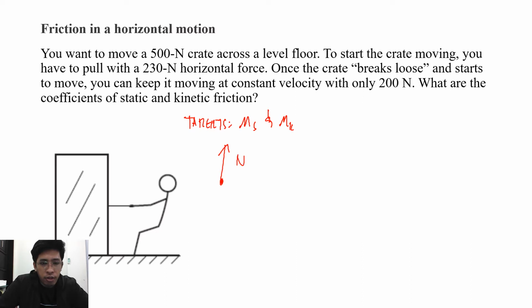You have here your normal force, and then you have your weight, and this is equal to 500 newtons, and you apply some force F of 230 newtons if you're going to move it.